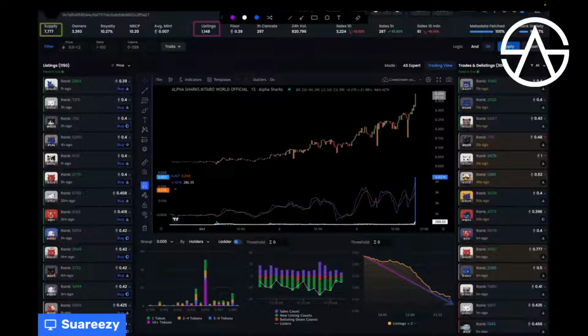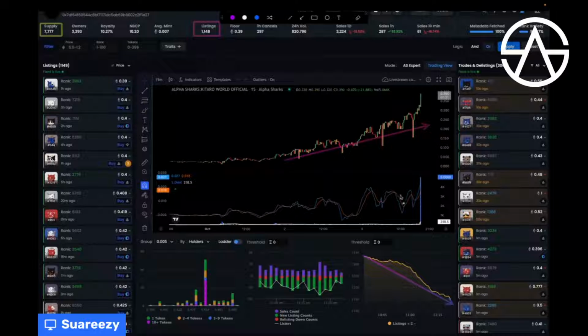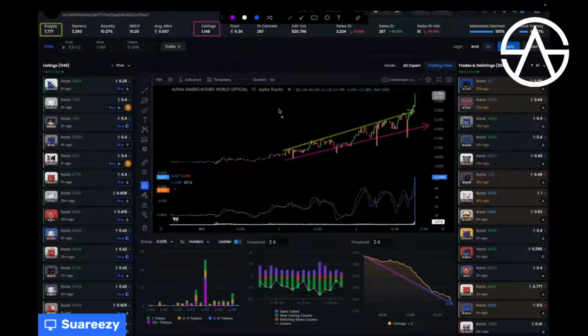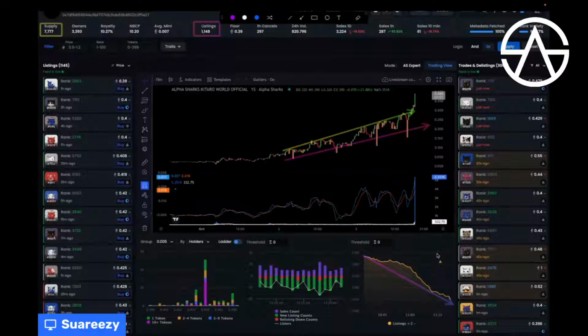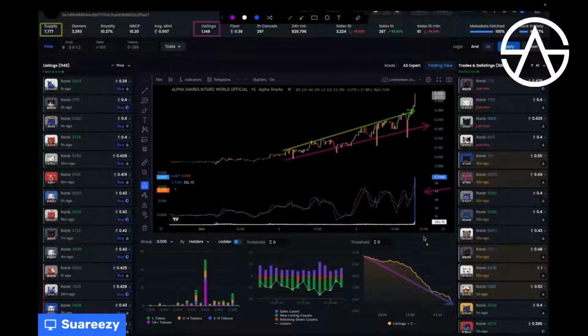And again, if somebody could correct me on this, if anybody has any insight on this project itself, that would be awesome. But pretty much over time, all we've done is hold trend. We literally haven't broken that trend. Plus, we have the influx of volume coming in. Plus, we have the breakout of all-time highs, which is kind of giving us the go ahead for more upside. And one of the main things that solidifies that is our amount of listings and the correlation with the volume coming in.